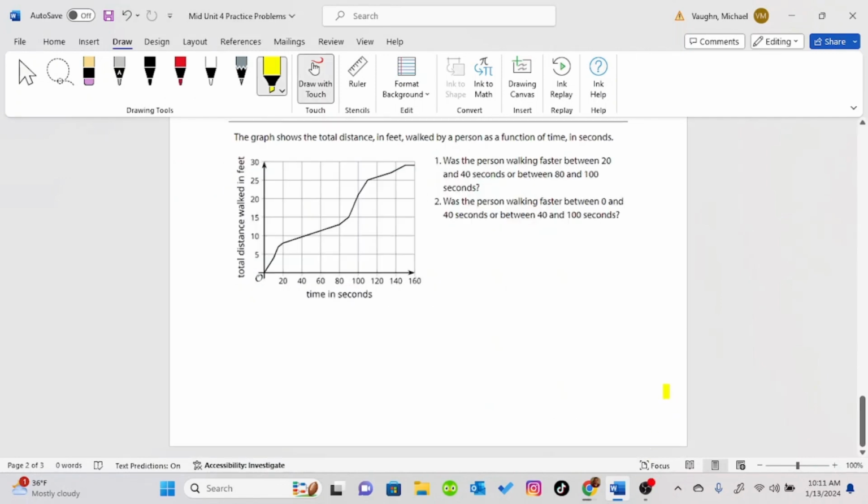The graph shows the total distance in feet walked by a person as a function of time.